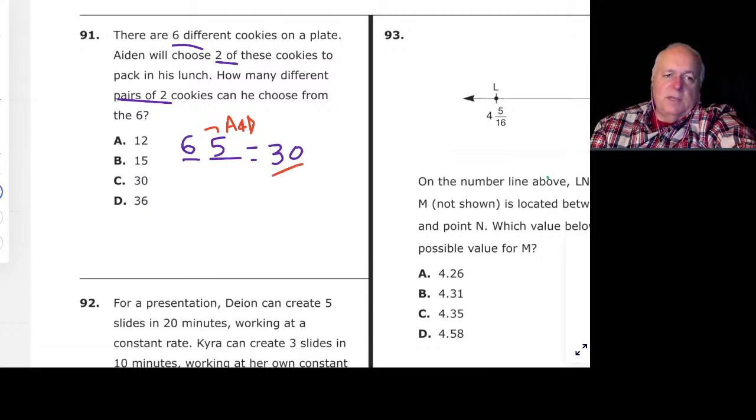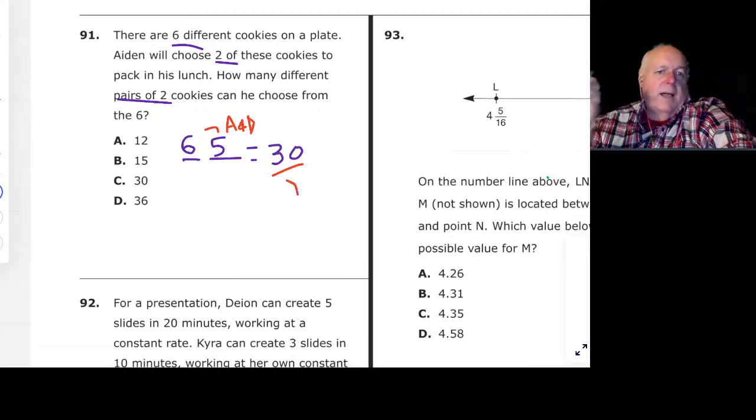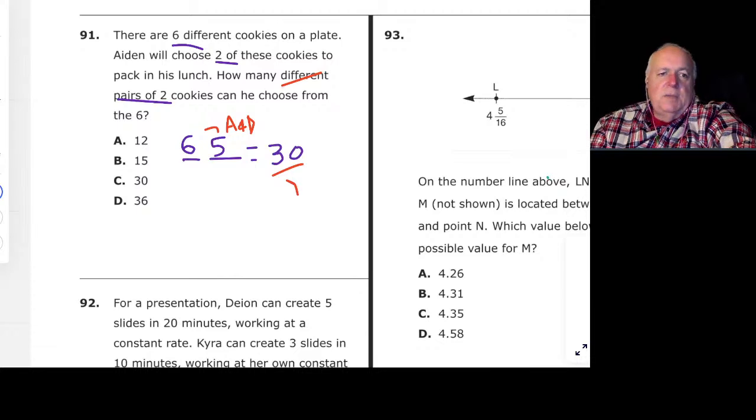Because it said how many different, not how many total, how many different ways. So because they're the same, the answer here would be B.